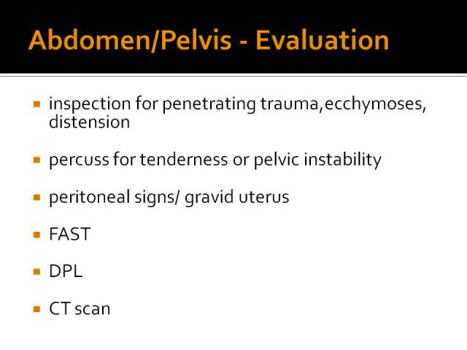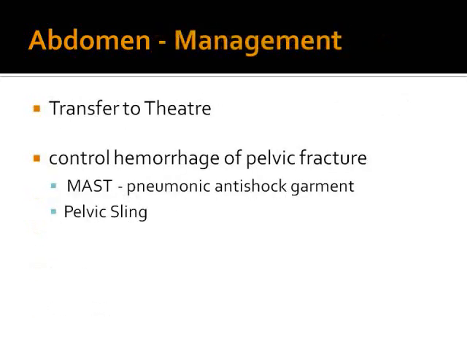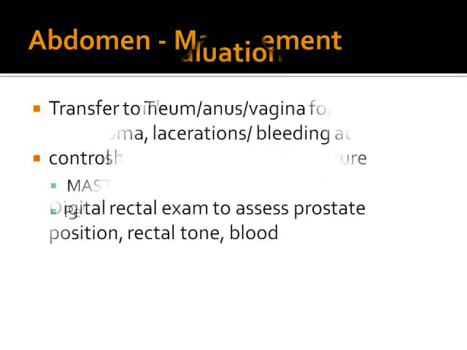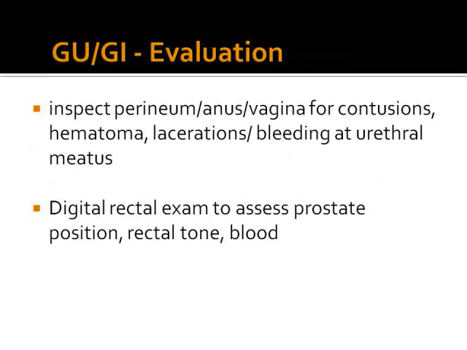We also use diagnostic peritoneal lavage and CT scan. And if a patient has abdominal injury, they might require a laparotomy, and prior to this we need to manage patients in shock. Part of abdominal examination is genitourinary examination.